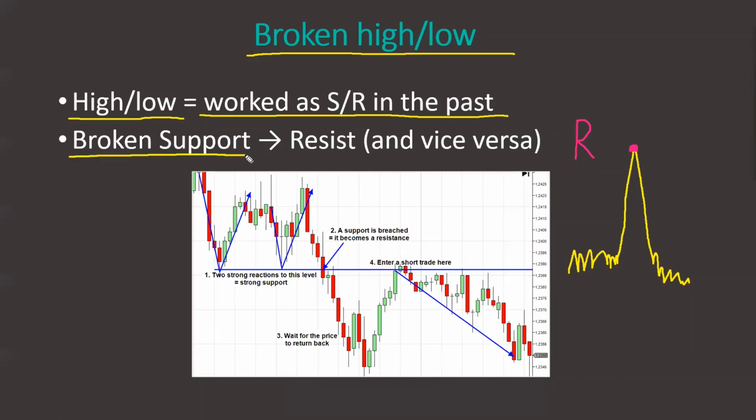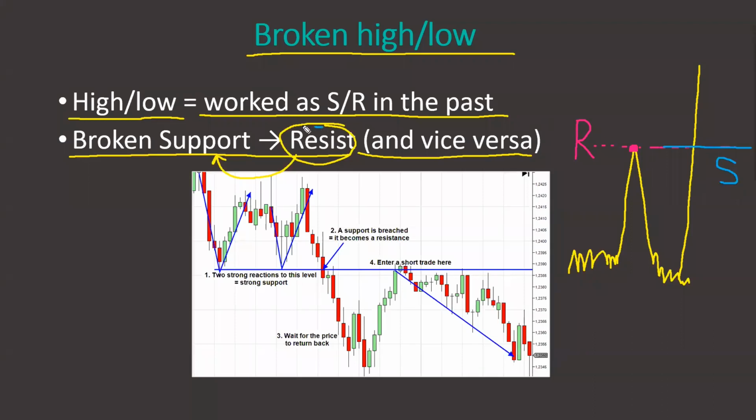Broken support becomes a resistance and vice versa, which means broken resistance becomes a support. So in this case, we have a resistance, right? There was a resistance. Now imagine the price goes like this and breaks through that resistance. It is resistance no more, and it just became a support, right?